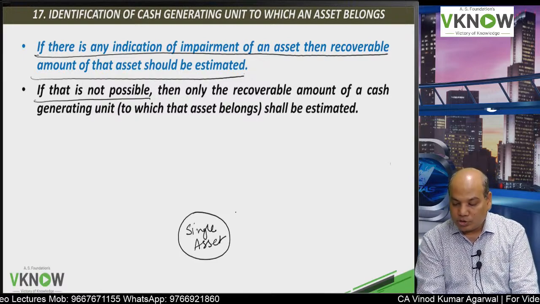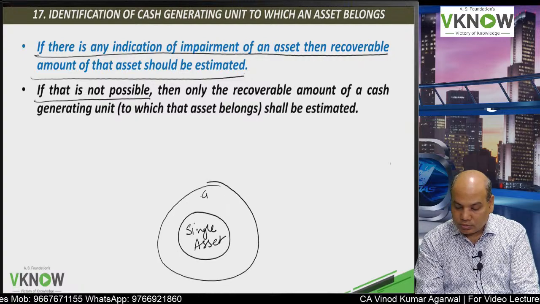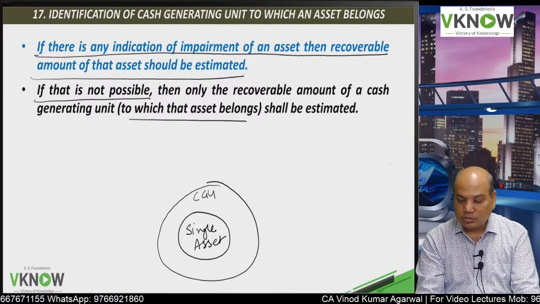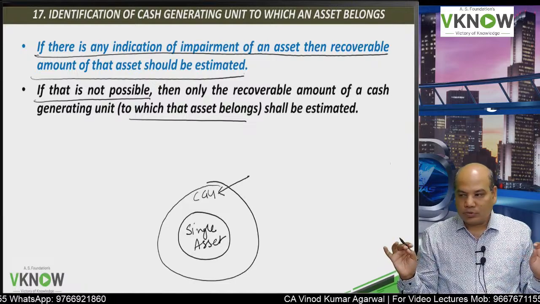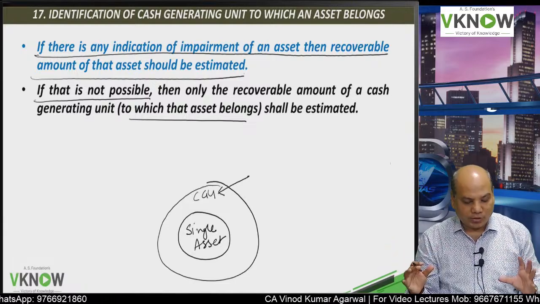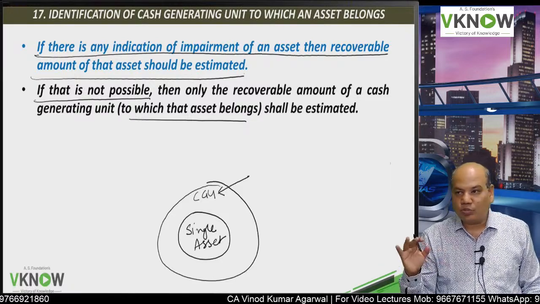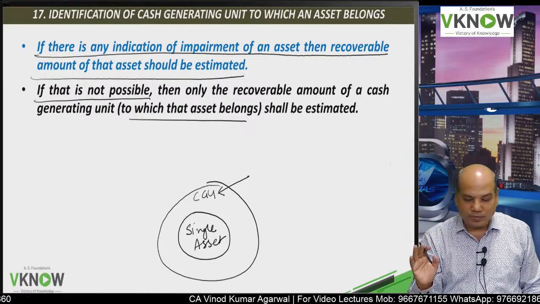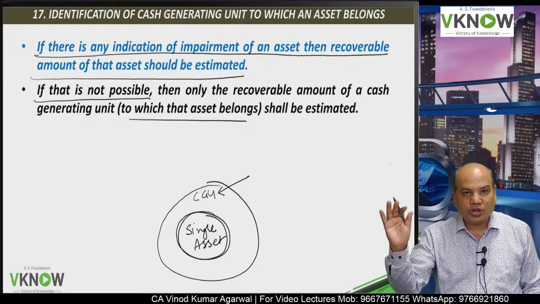But if it is not possible, then you go to that CGU to which this asset belongs and whose recoverable amount can be computed. I will give the example of this classroom. In this classroom you have so many assets: benches, projector, computer, camera. Suppose there is an indication that the projector is impaired.